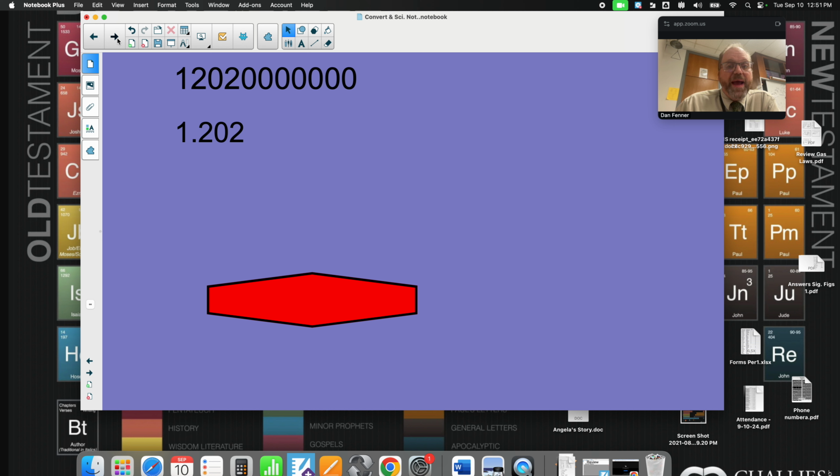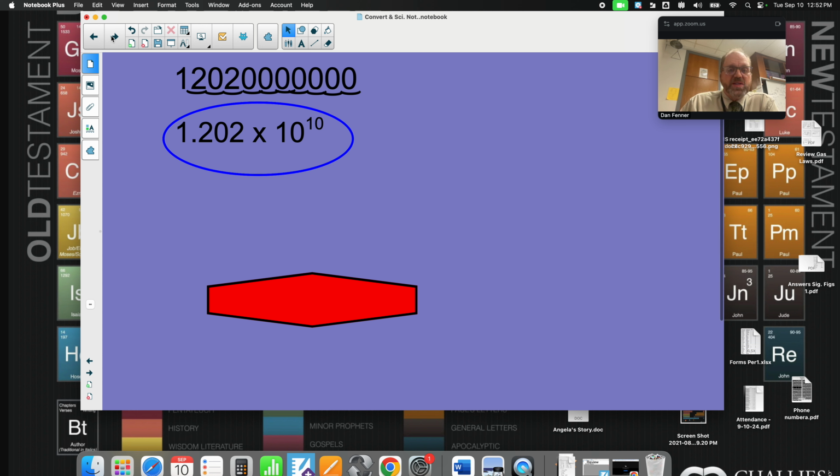All right, so we're at this place times 10, and we're going to move the decimal from this place to this place. So we're moving it 1, 2, 3, 4, 5, 6, 7, 8, 9, 10. And the value is not a decimal, so it's going to be positive. So the expression is going to be 1.202 times 10 to the 10th.